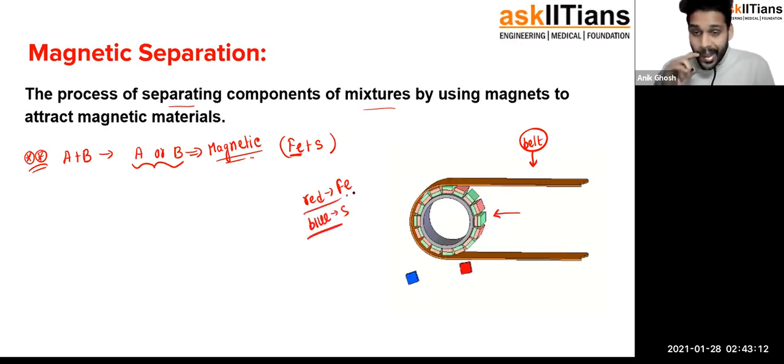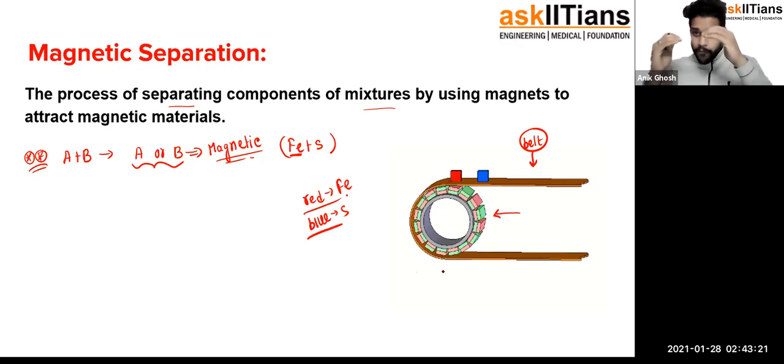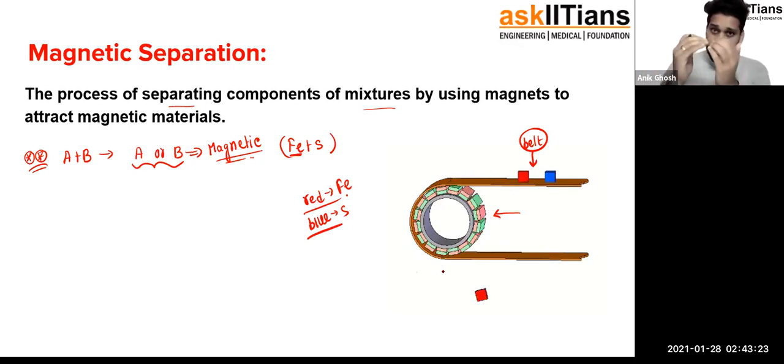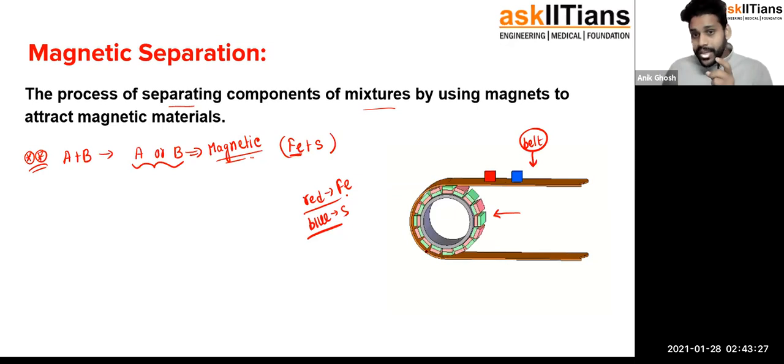Then what is happening? You can see the two of them were together initially, but when they are falling, red falls from here and blue falls from here. This is the pathway of the red one, and this is the pathway of the blue one.